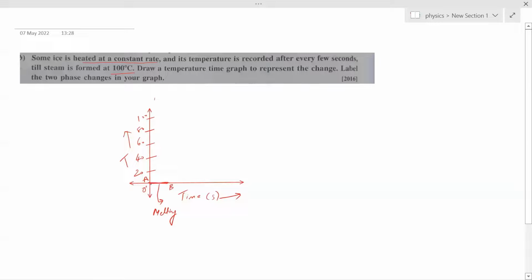So first ice is heated at a constant rate. When ice is heated, first it will convert to water, na? So this is the melting process.